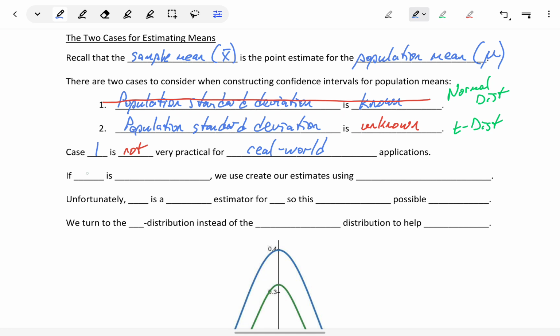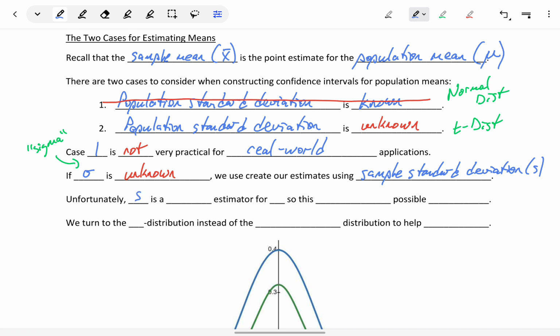But if the population standard deviation, which is represented as the Greek letter sigma, is unknown, then we'll create our estimates for the population mean using the sample standard deviation, which is represented by S.